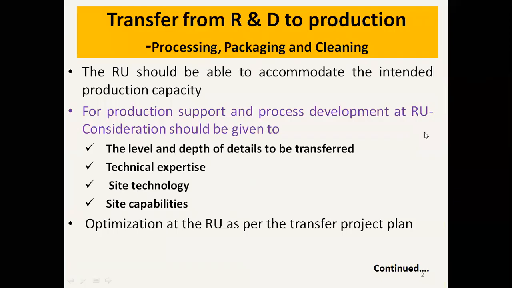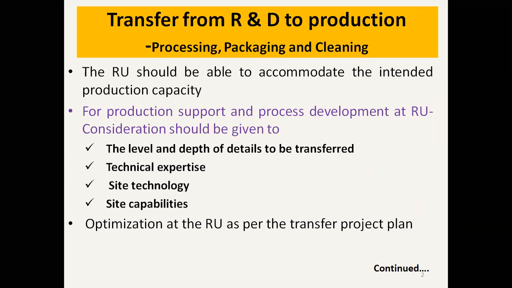For this transfer from R&D to production, what transfers? We transfer process, some packaging related and cleaning related information. Always the SU, the sending unit, gives this to the RU, the receiving unit.